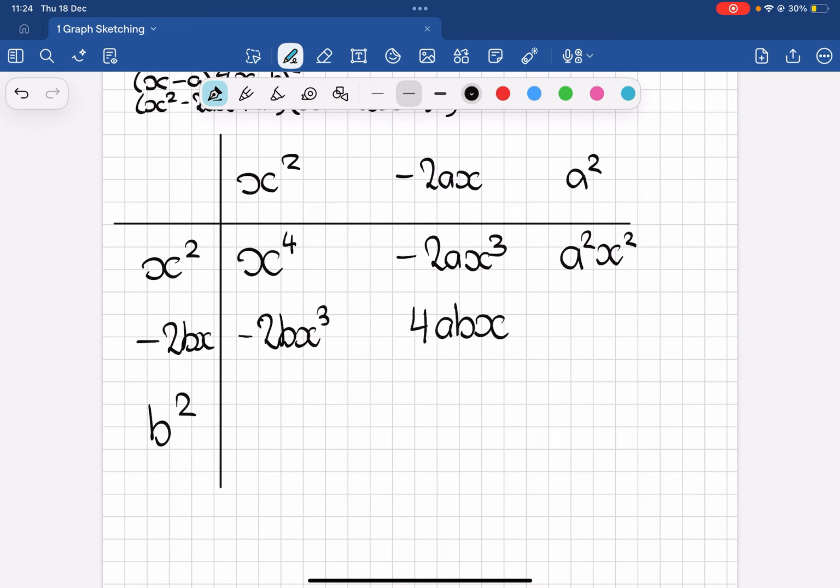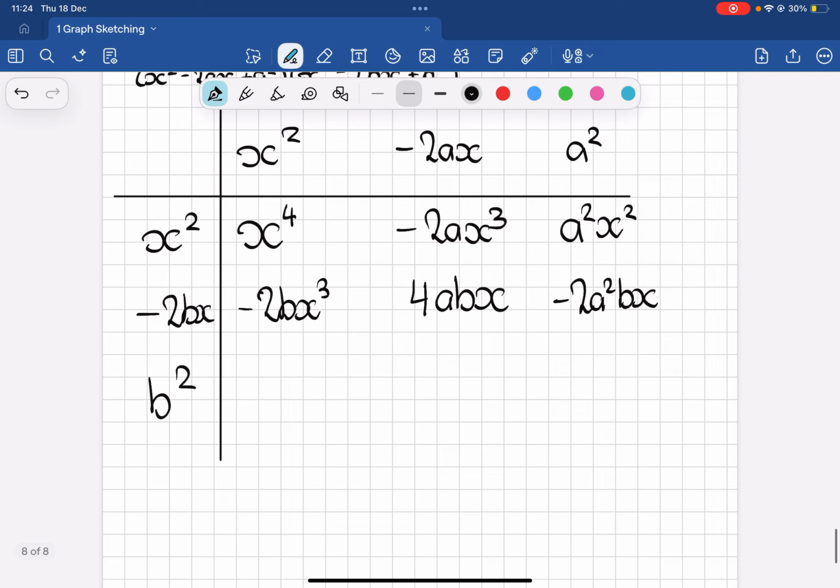Minus 2bx times a squared is minus 2a squared bx. x squared times b squared, I think it's better to write it as b squared x squared. And then minus 2ax times b squared is minus 2ab squared x. And we've got a squared times b squared, straightforward.